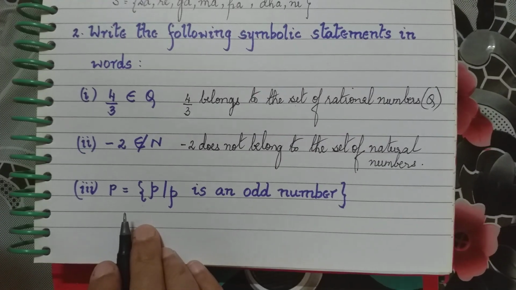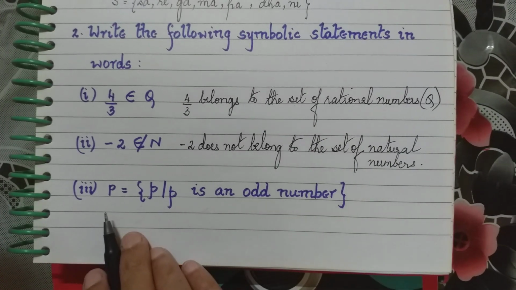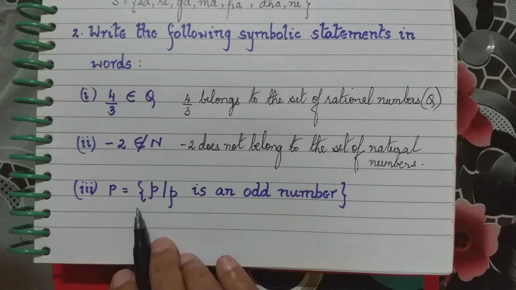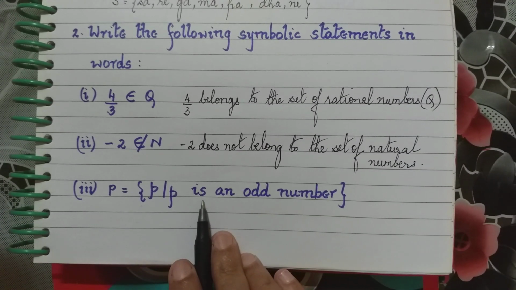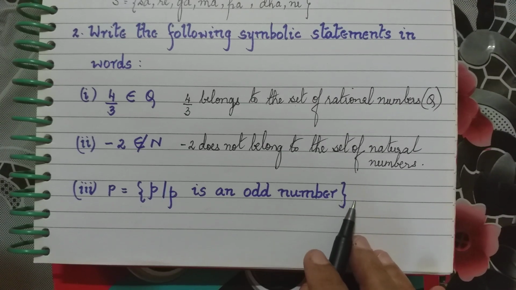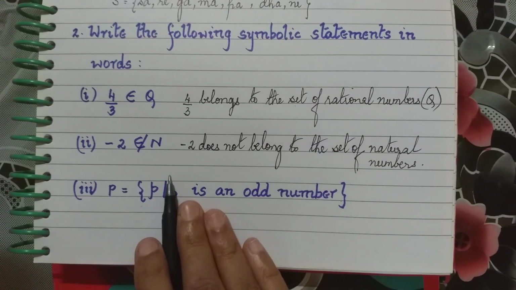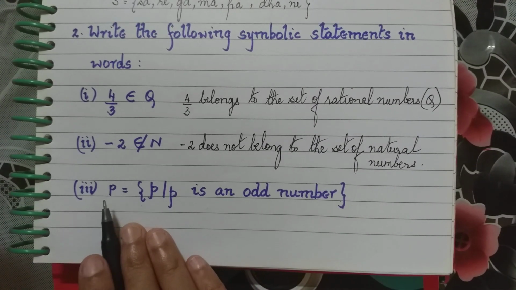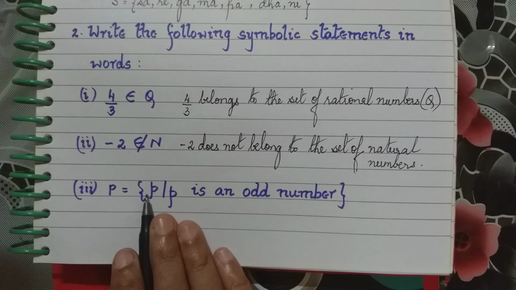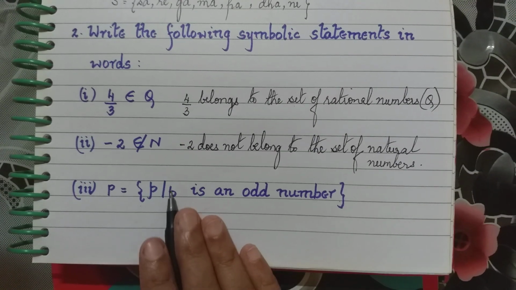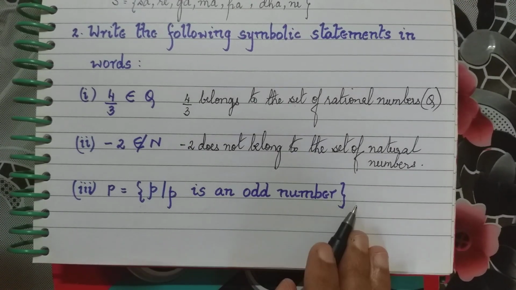Next one, we have here P is equal to, so P is the set of all p such that p is an odd number. This line I told you is such that. So capital P is the set of all small p such that small p is an odd number.